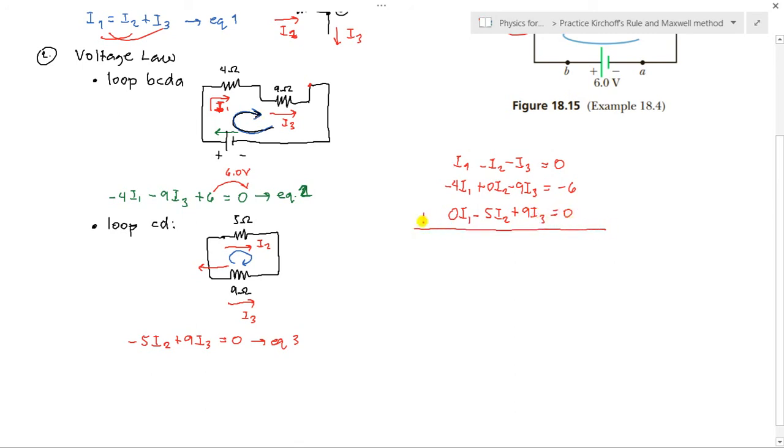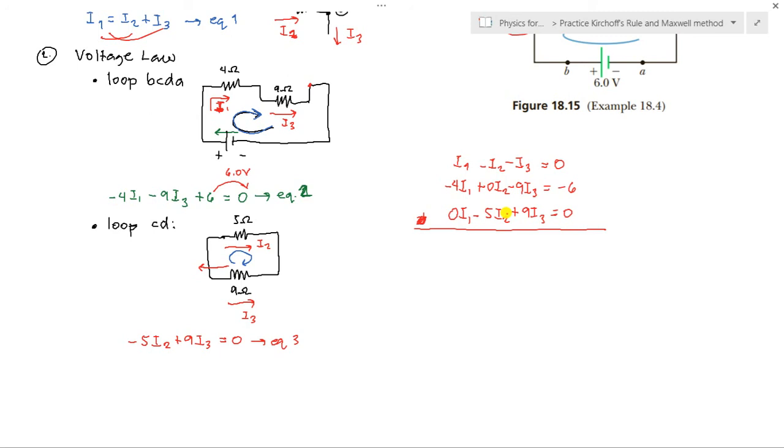So solving for these three unknowns I1, I2, and I3, you can use your calculator, or you can use the method of substitution or elimination. To be quick, I'll use my calculator. We just input the coefficients: negative 1, negative 1, 0, then negative 4, 0, negative 9, then negative 6, we have 0, negative 5, 9, and 0.